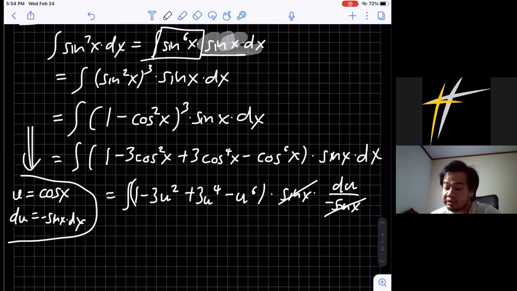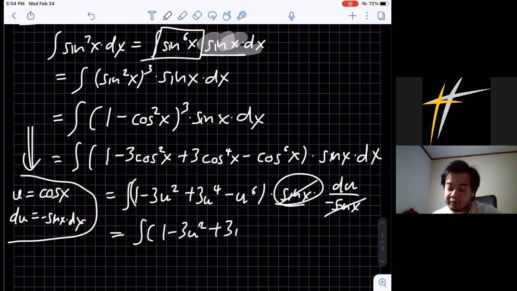That's why it's really important to keep the single power of sine, because then that will be the cancelling factor for the derivative of the inside function. I hope you understand how this method works. So basically this will be equal to integral of 1 minus 3u square plus 3u power 4 minus u power of 6 du.